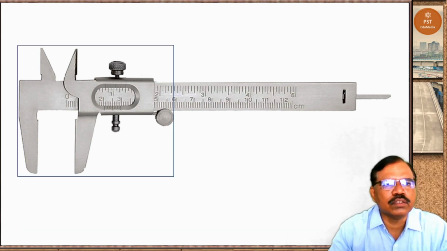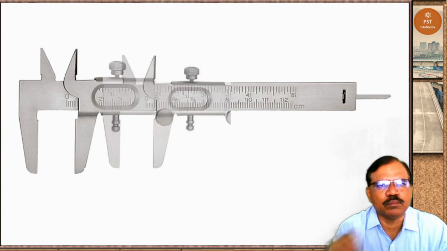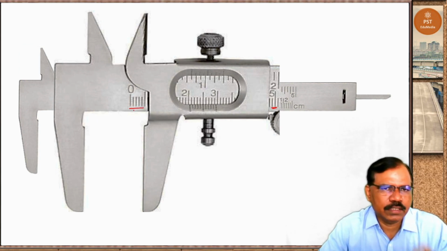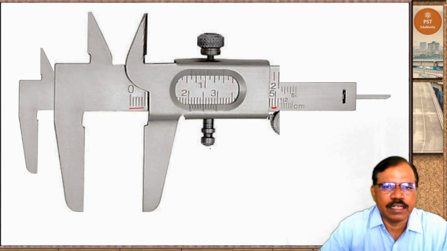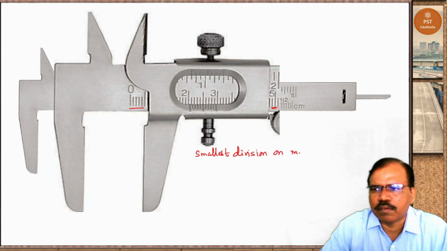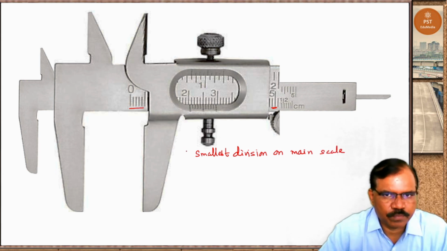So for that purpose, we will zoom into this part. Now see here, this is the main scale, and the value of each line on the main scale is called the smallest division on the main scale.